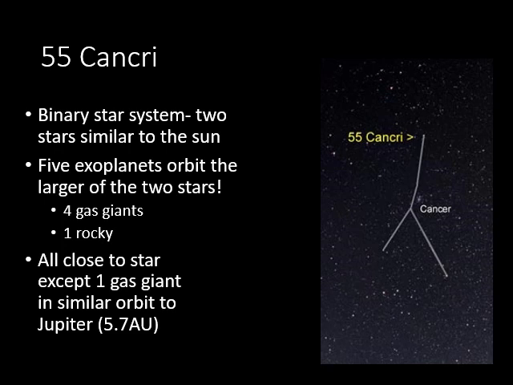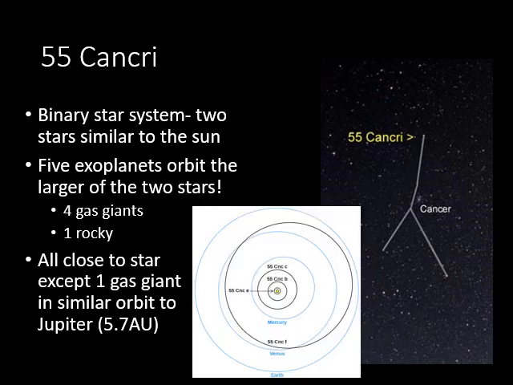Now the whole system is quite compact. Most of the planets are very, very close to the star, and I can show you how their orbits compare to planets in our own solar system. The white box here is showing our sun, and there are blue lines that represent the orbits of Mercury, Venus, and then the Earth.